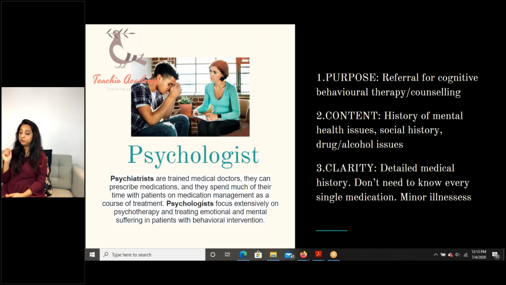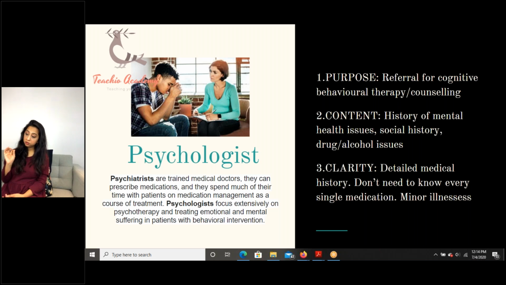Social history is very important for a psychologist. Are they recently divorced? Have they recently lost a partner? Do they live alone now? Have they lost a job? Are they struggling with money? These things do affect a patient's mental health, so you do need to include them.